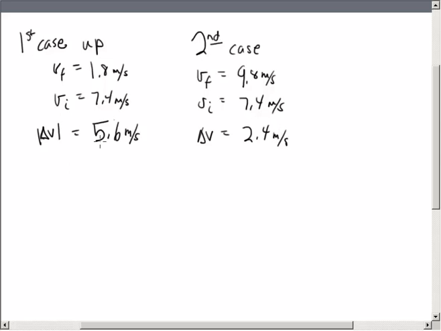And we can physically understand this by the fact that in the first case, our average velocity will be less than the average velocity over here, simply because our V final here will be less than our V final here, and they both have the same magnitude of their initial velocity.